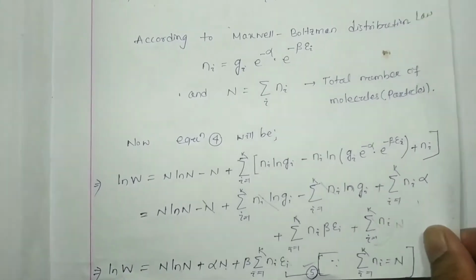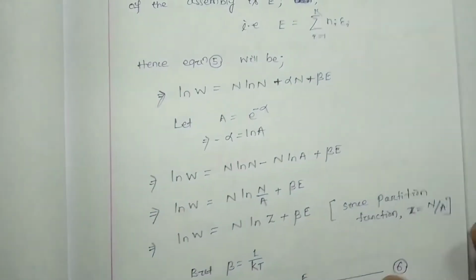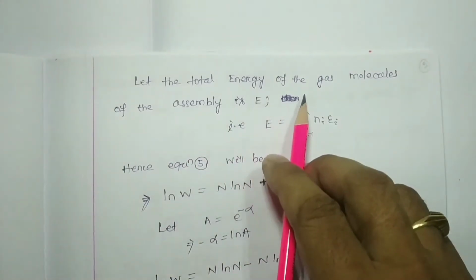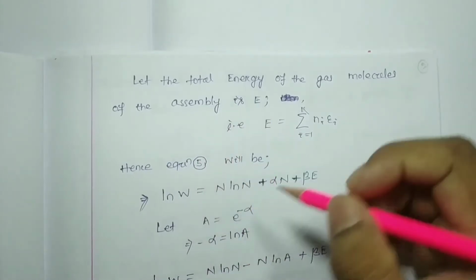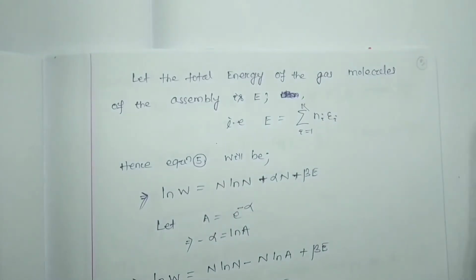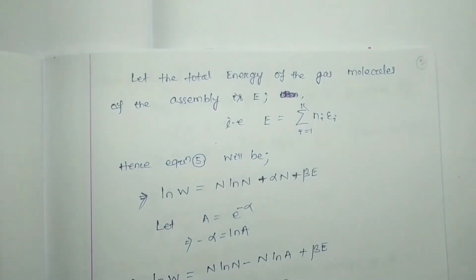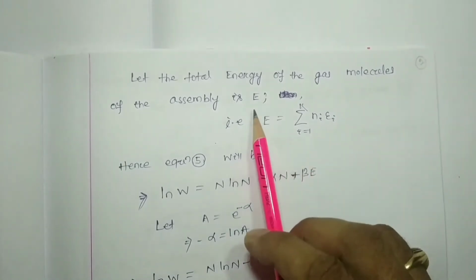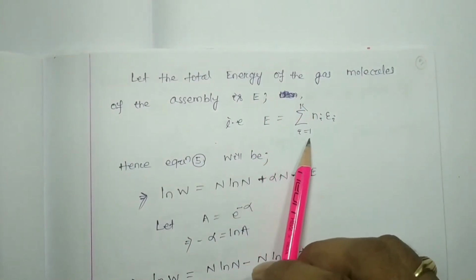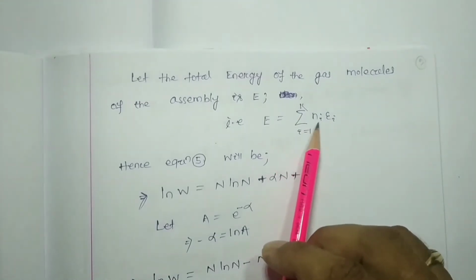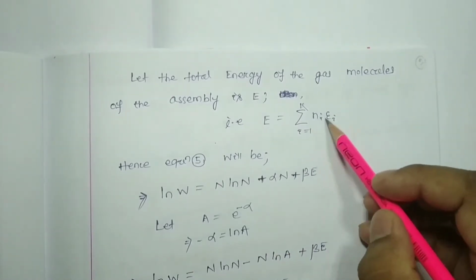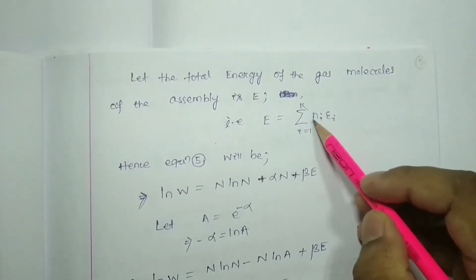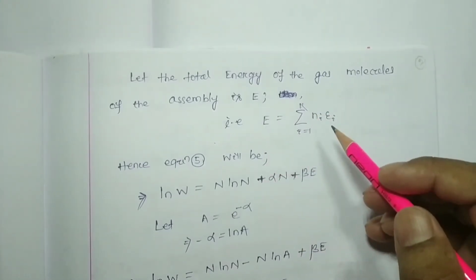Come to the next page. Now let the total energy of the gas molecules of the assembly be E. We have been considering the gas molecules, and let the total energy of all the gas molecules be E. That is nothing but the summation over i equal to 1 to k of n_i epsilon_i. So with each and every energy level value and the corresponding number of particles, we get the total energy.